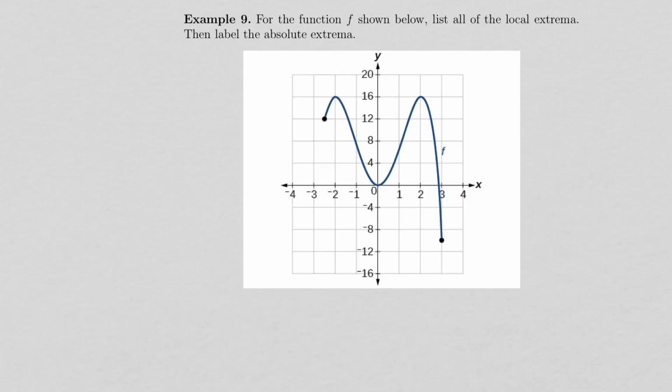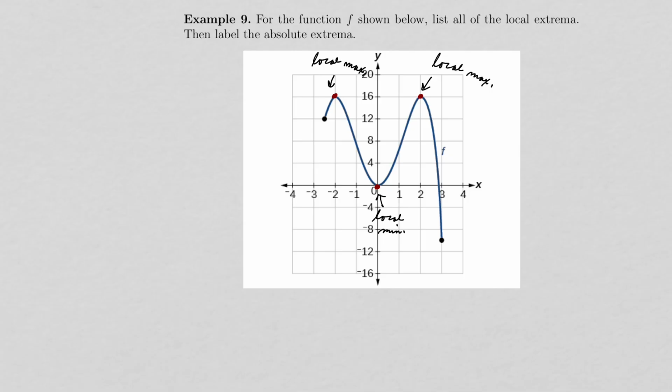First of all, there's definitely a valley here. So that's a local minimum. And then there's 2 hills right here and here. So those are local maximums. So here's a local min. Here's the local max. And another local maximum here.